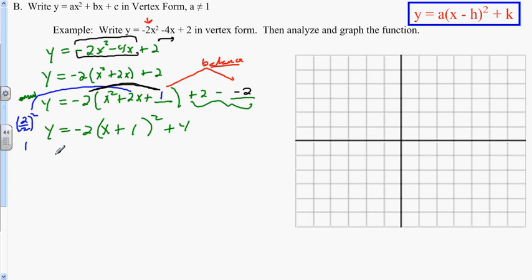A is negative, so it opens down, which means we have a max. I forgot to write on that last question about it being a min when it opened upward. We have a vertex of negative 1 and positive 4. We have an axis of symmetry of x equals negative 1.